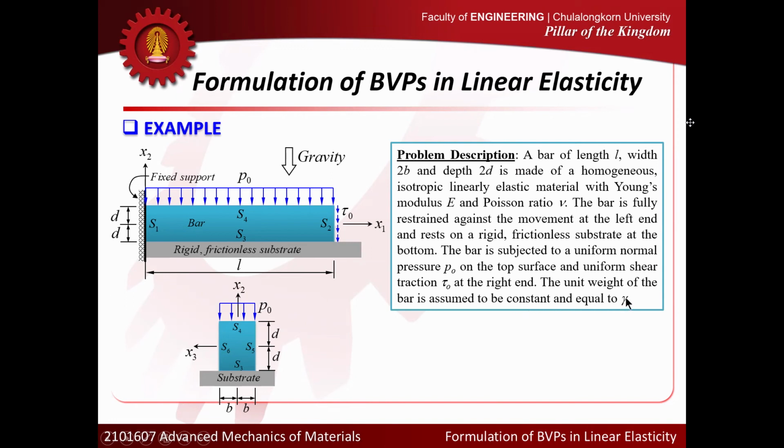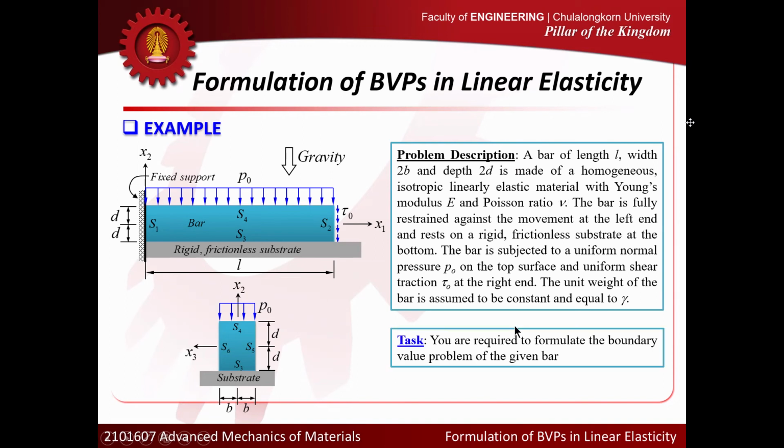So the unit weight is constant throughout the body. That is the information that we have here. So I would like you to formulate the boundary value problem in several ways, using the forms that I mentioned before.